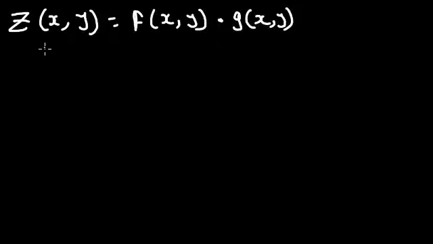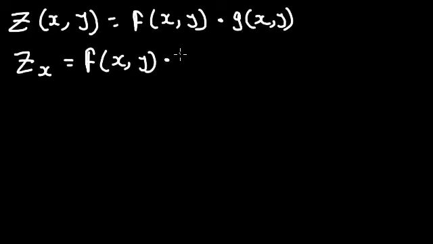It says that to differentiate a multivariate function that consists of two other functions, then taking the partial derivative of z with respect to x, that is simply equal to the first function f of x, y multiplied by the partial derivative of the second one with respect to x, that is g x, or g sub x, depending on how you want to write it.